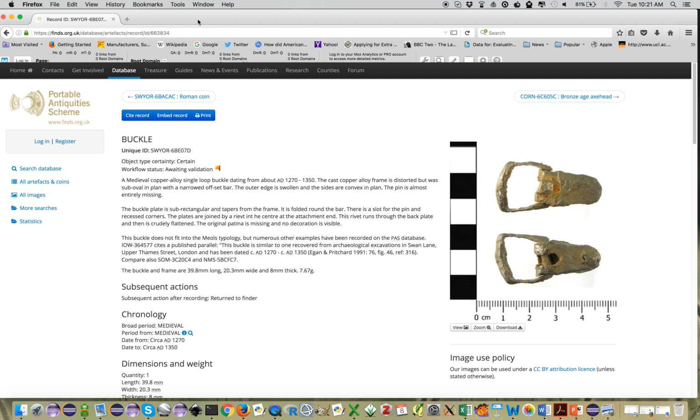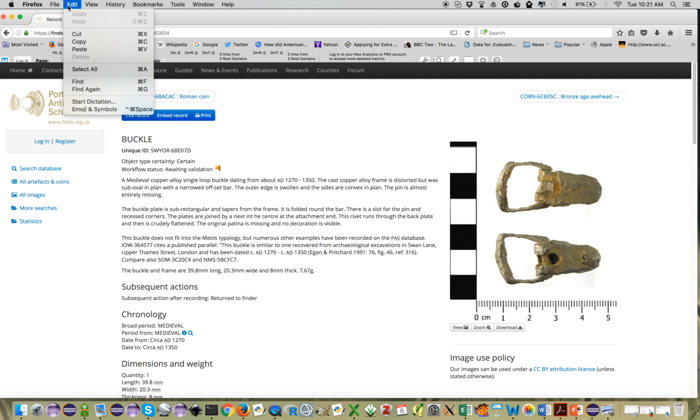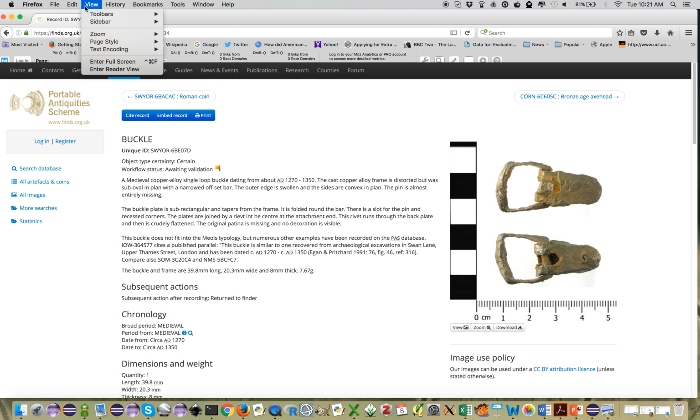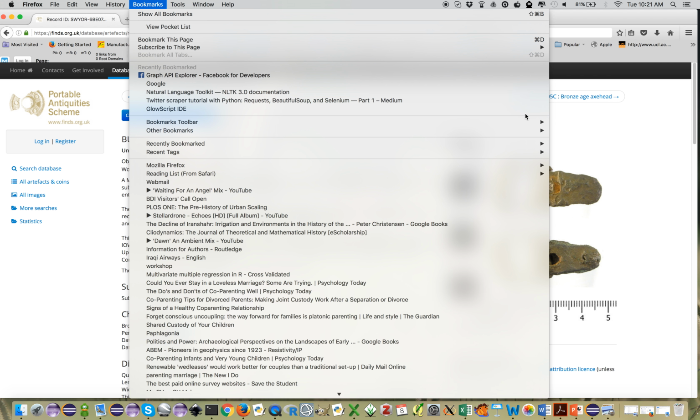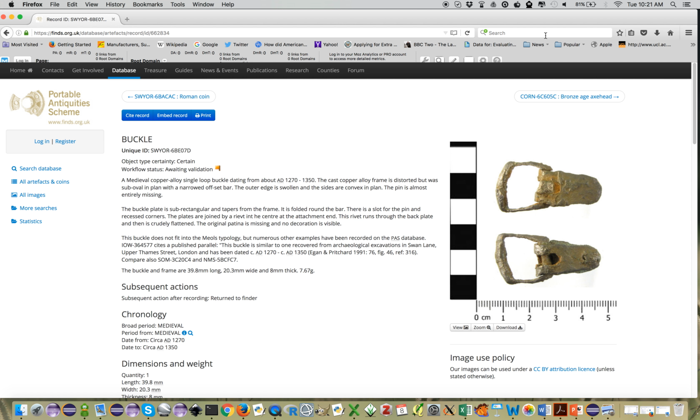It's a typical website that the PAS, or Portable Antiquities Scheme, offers. We can also look at the source of the page, which allows us to determine how information is encapsulated. That's one thing we will be doing: looking at the source so that we can begin to understand how information is encapsulated through these websites. And we'll do that in just one second.